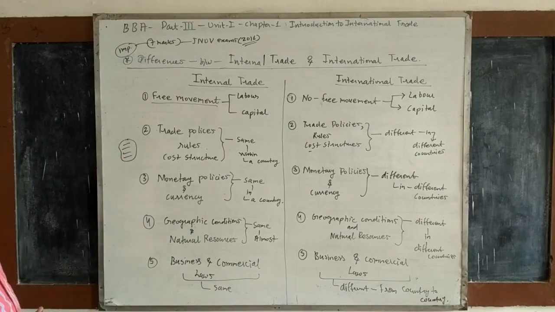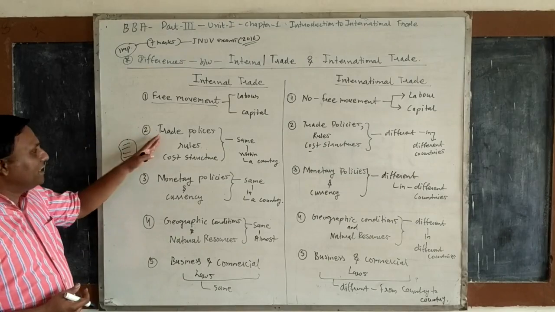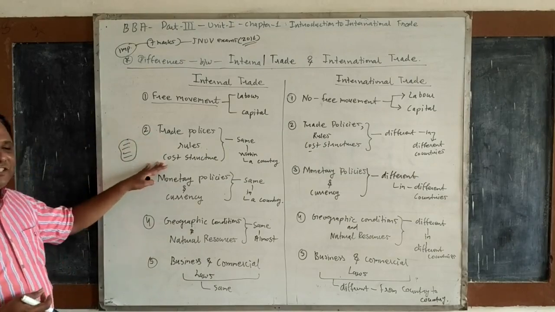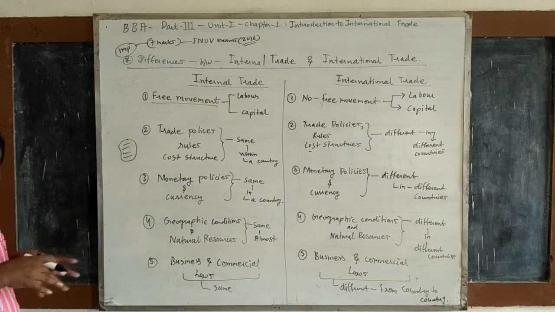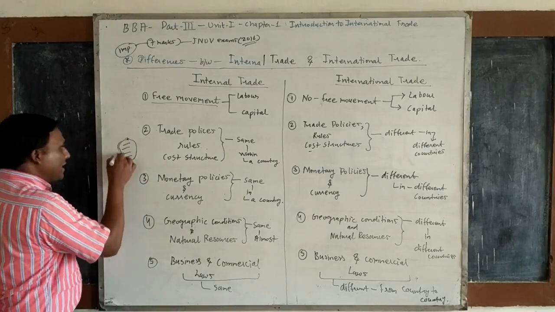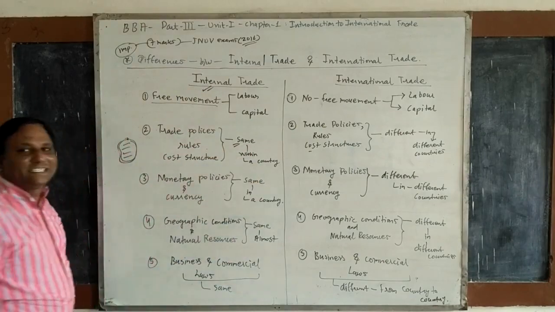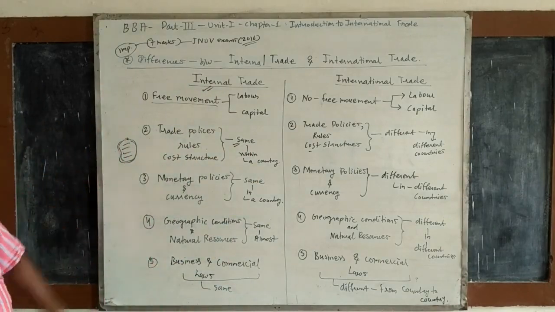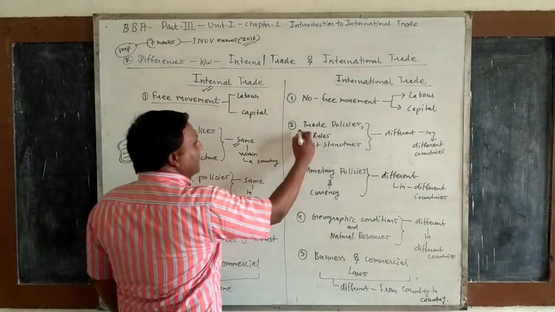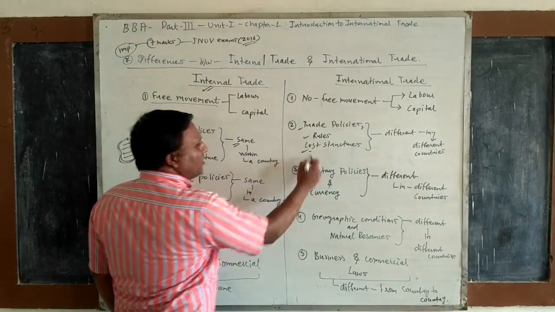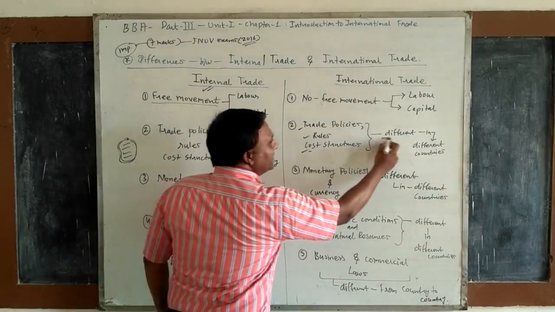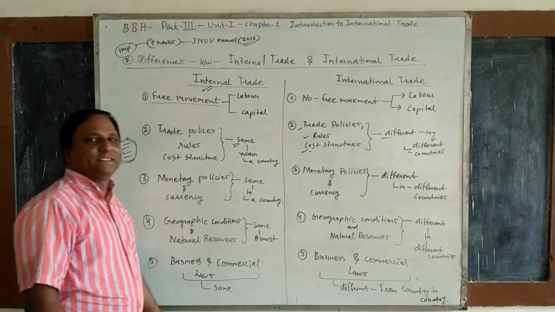So we can say, as far as trade policies, rules and cost structures are concerned, within the boundary of a country, in case of internal trade, all of these things are the same. But in international trade, policies, rules, and cost structures are different in different countries.